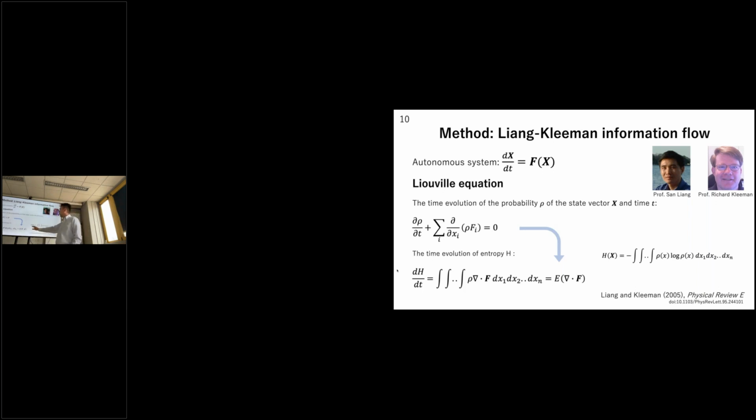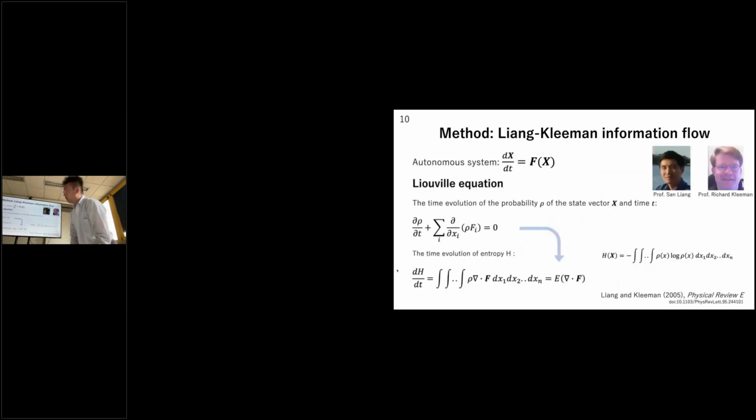If you look at this equation, it's very natural, because the change of the entropy in time is just how the variables diverge in the future because of f. You can look at this paper, which shows how these are derived.